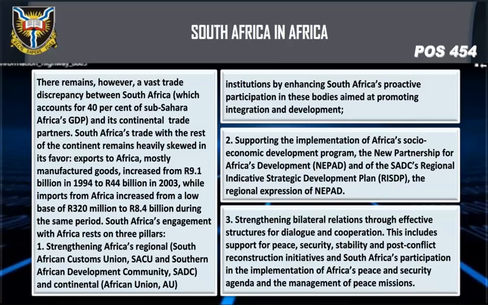Strengthening bilateral relations through effective structures for dialogue and cooperation. This includes support for peace, security, stability, and post-conflict reconstruction initiatives, and South Africa's participation in the implementation of Africa's peace and security agenda and the management of peace missions.